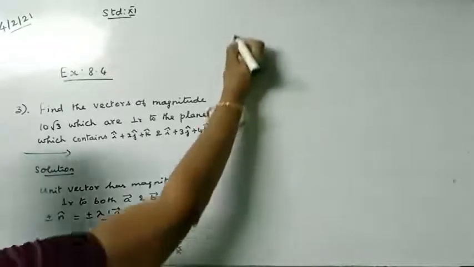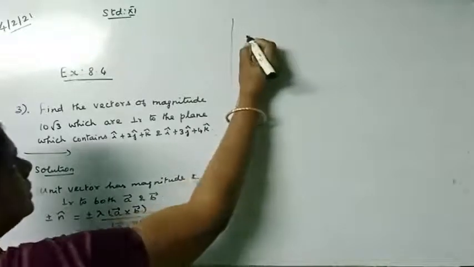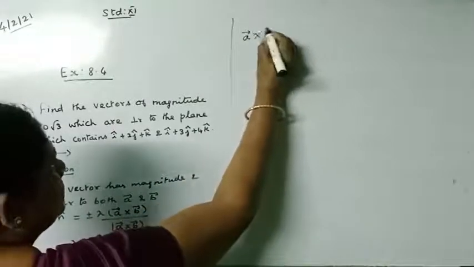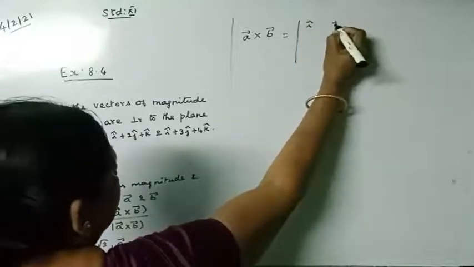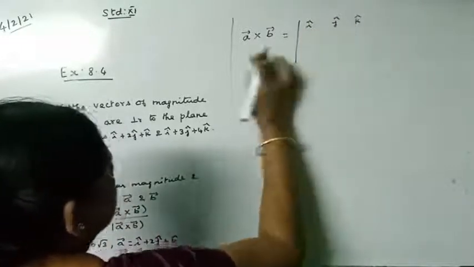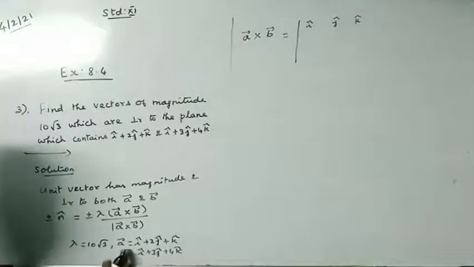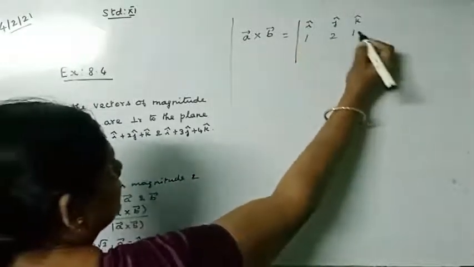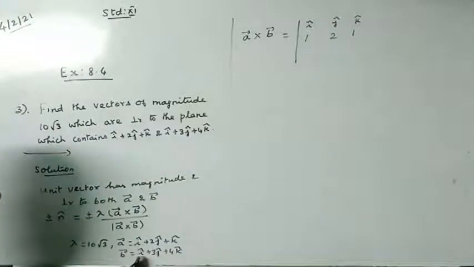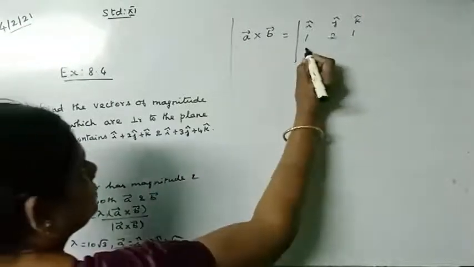Now let us find the A cross B at first. A vector cross B vector is equal to, take a determinant and i, j, k. The coefficients of A are 1, 2, 1. And take B vector and write its coefficients 1, 3, 4.